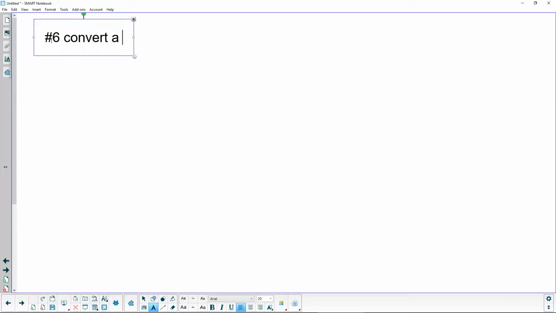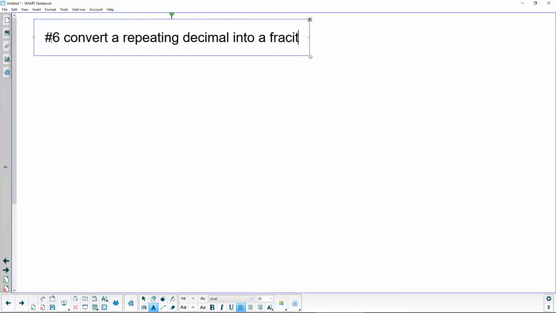Convert a repeating decimal into a fraction using the infinite geometric series method.